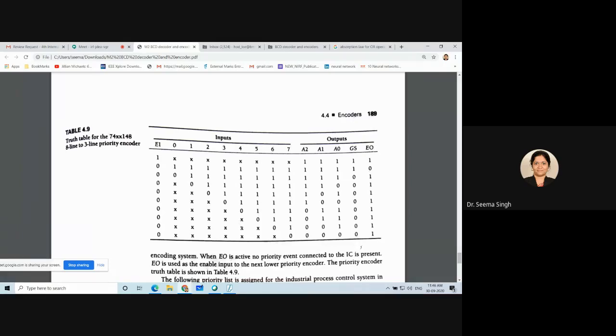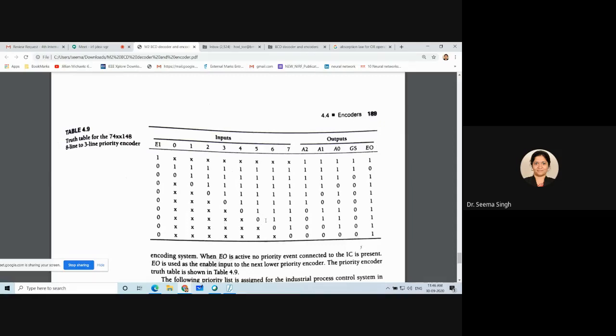Now, is this giving priority to LSB or MSB? Analyze and tell me. How do we check that?